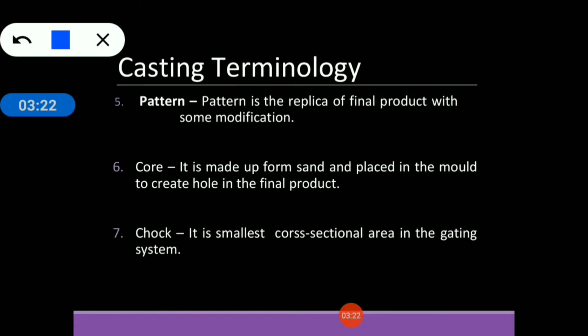Next is pattern. So what is pattern? Pattern is the replica of the final product with some modification. If your product is there, and in that product you add some dimensions, suppose this is your product, and you make the pattern with extra dimensions.